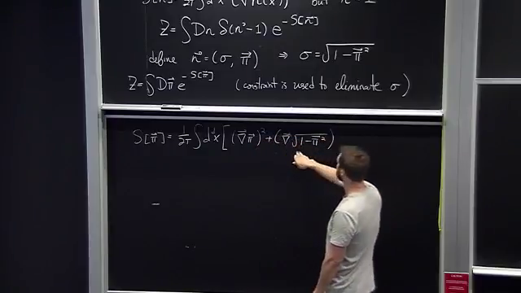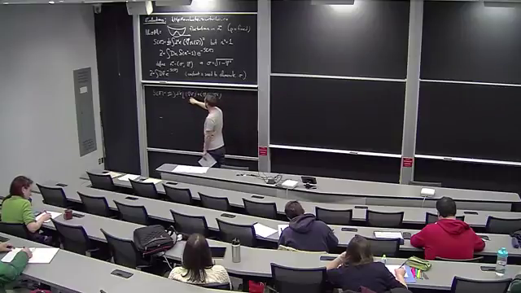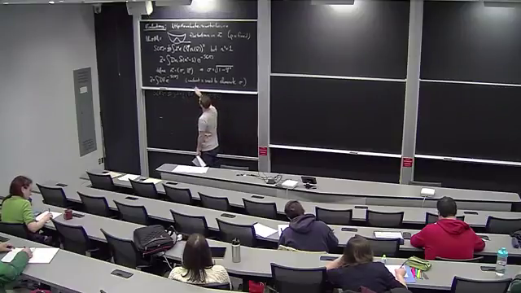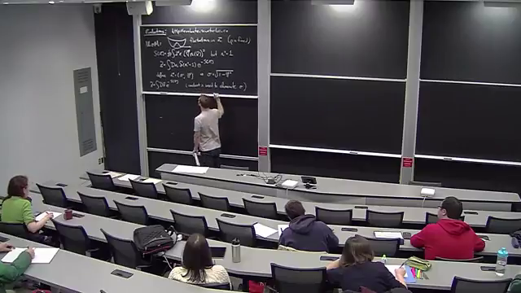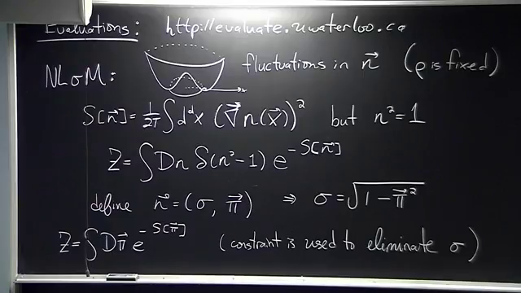That's just sigma. That's pi. And then this constraint, the delta function, we brought into the exponential, and that gave us a log, which we wrote like this.